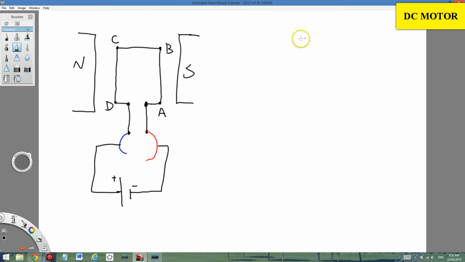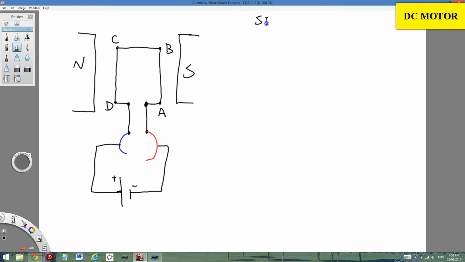If you look at the side view on the left hand side, let me draw it now. The current doesn't change, the magnet doesn't change, it rotates, and the commutator rotates with the shaft.